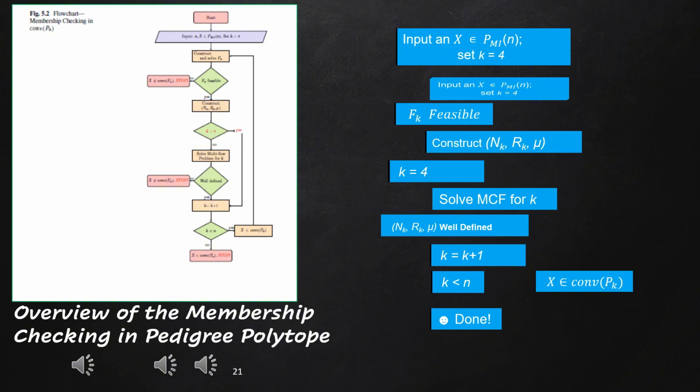If it is feasible, we say the problem is well defined, otherwise we stop. Then we increase k and continue. This is how we go through checking membership in the pedigree polytope. We need to justify that each of these steps is valid and our conclusions will be correct.